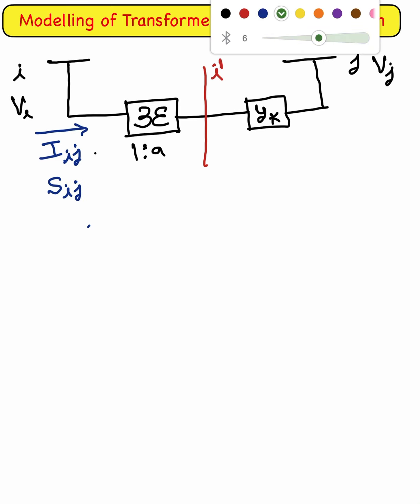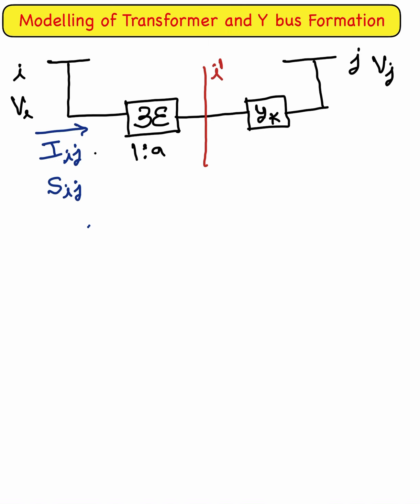In a similar way, at bus J the current is flowing from J to I, so the current is IJI and the power is SJI.